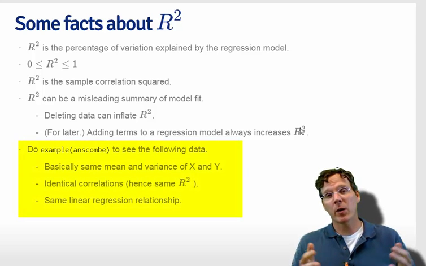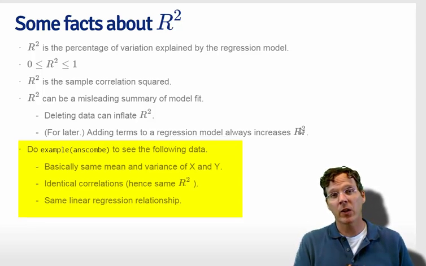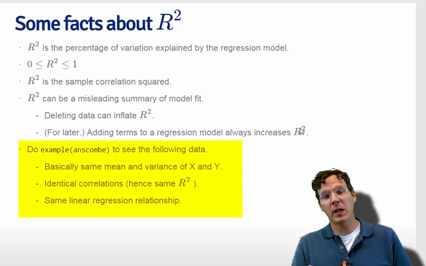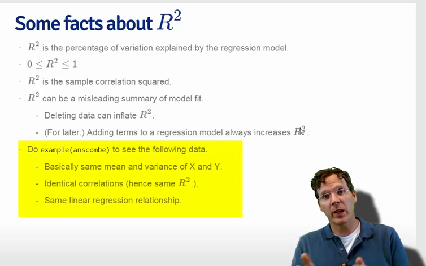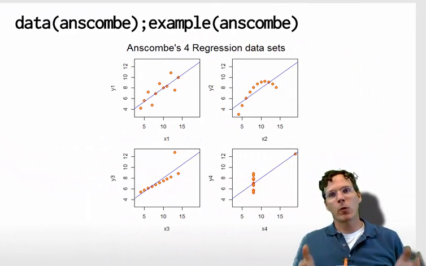Anscombe created a particularly stark example of a bunch of data sets with equivalent R squared, equivalent mean and variance in the x's and the y's, and identical regression relationships. But when you look at the scatter plots, you can see that the fit has very different meanings in each of the cases. So let's look at the outcome from that example Anscombe and see what it shows. And here it is, the 4 data sets.